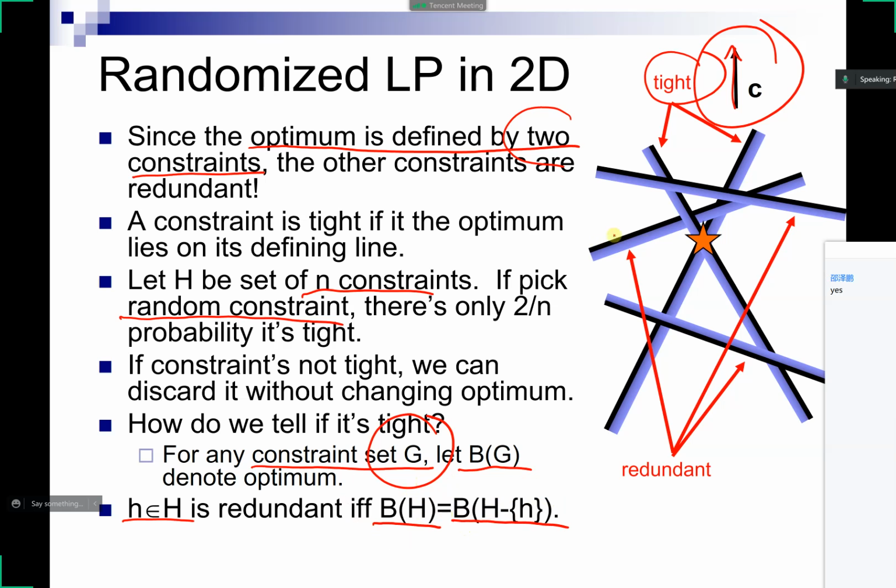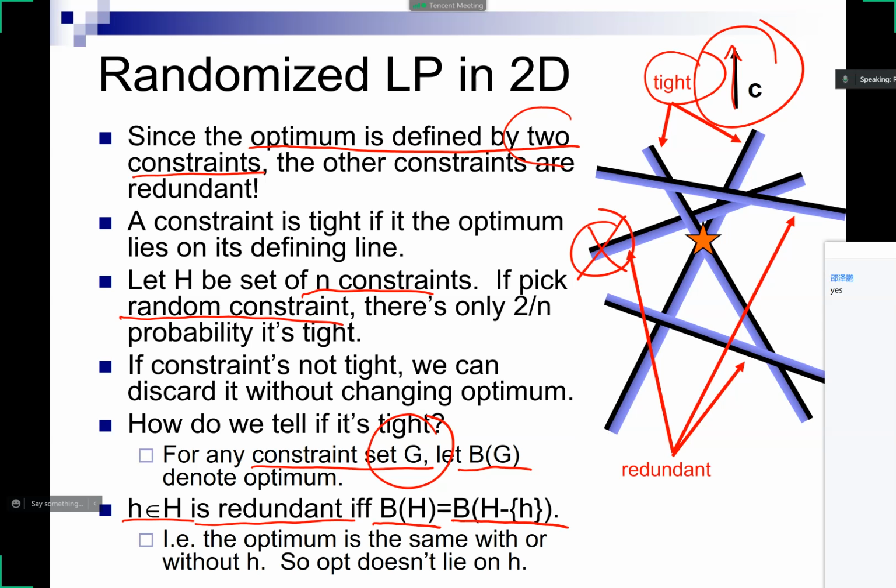Just like, for example, this is a redundant constraint, so if you throw this away, then the optimum after you throw it away versus before are the same. So this gives you a way to check whether a constraint is redundant or tight. It's redundant if and only if after you throw it away, you don't change your optimum.